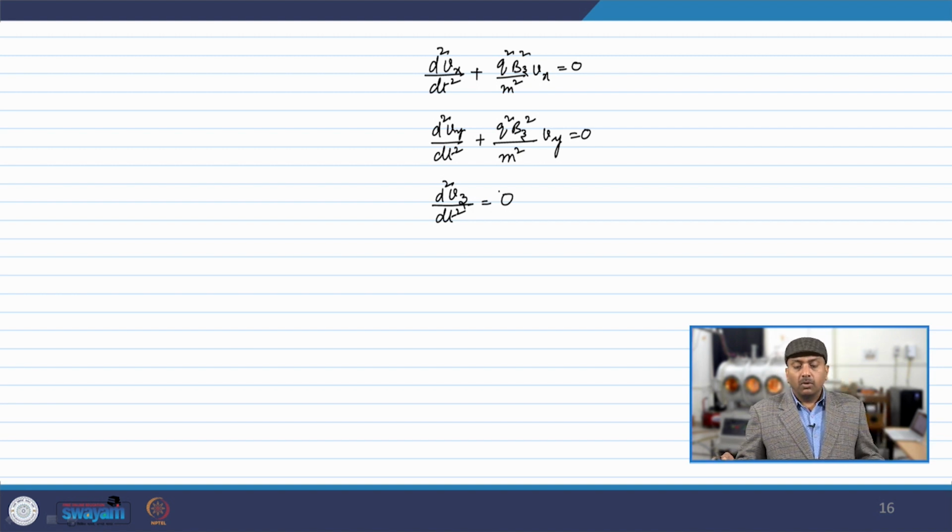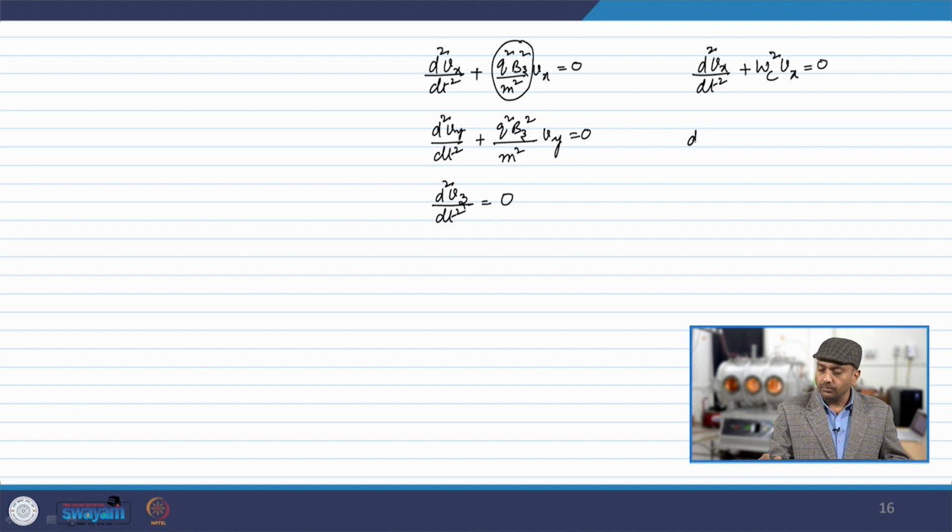In simple harmonic motion, we have seen this type of equation. So, this term that appears here, which is multiplying Vx, should be in the units of frequency square: d square Vx by dt square plus omega c square Vx is equal to 0, d square Vy by dt square plus omega c square Vy is equal to 0.